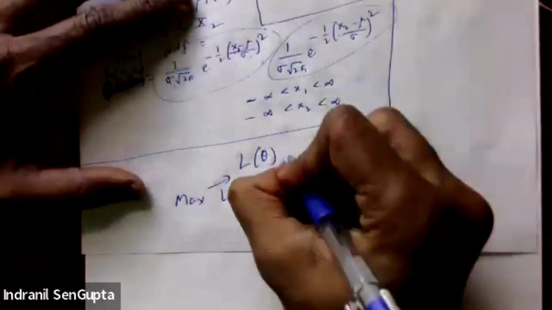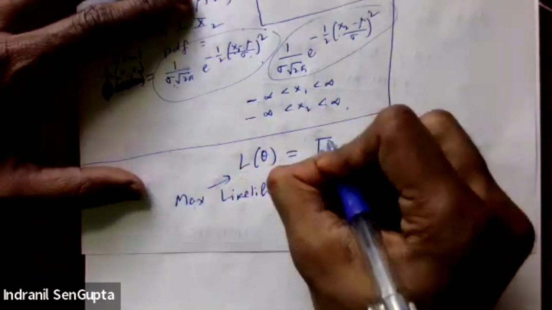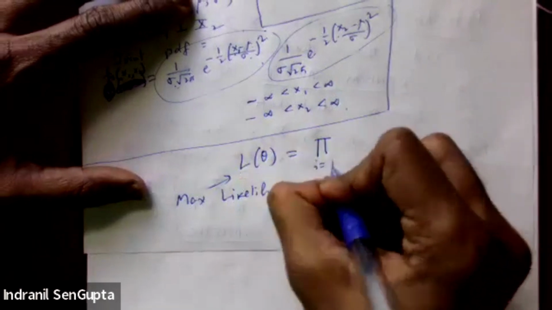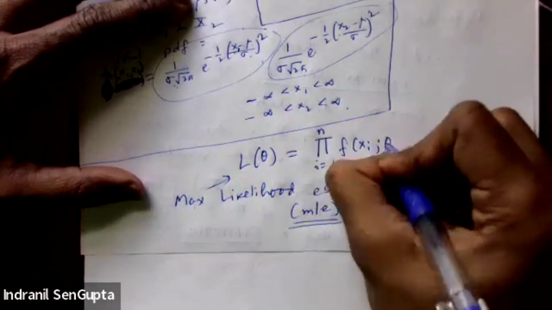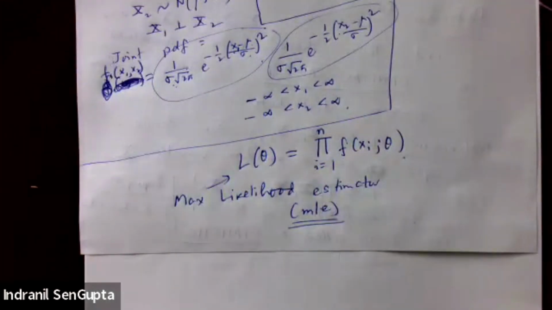Okay. So it's written simply as the product over i from 1 to n of f of xi theta. That is the conclusion of my first step.